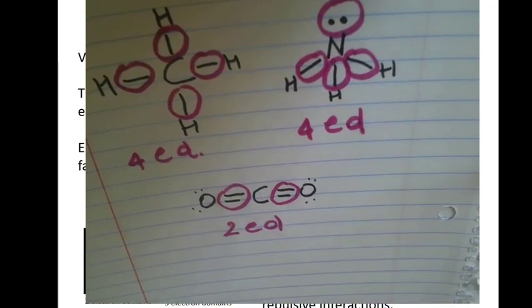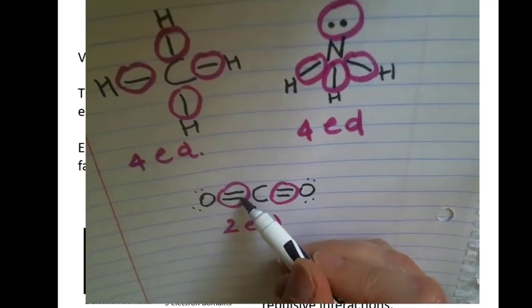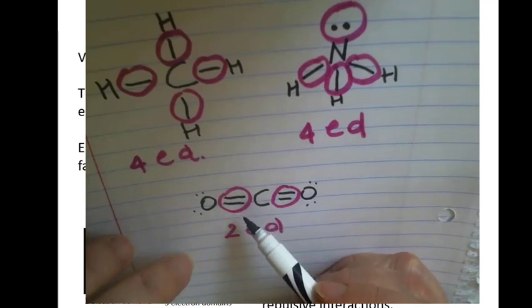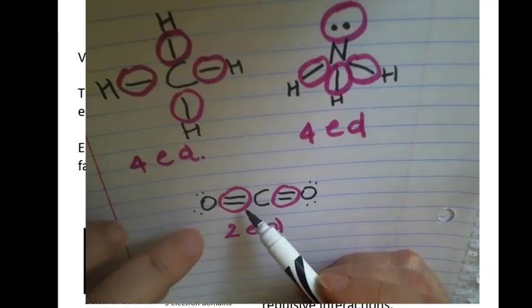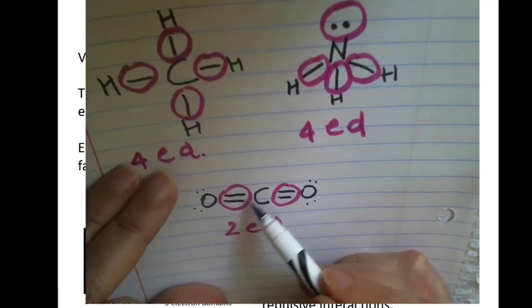Why not four? Because even if there were two bonds, these four electrons that constitute the two bonds, remember two electrons per one bond, are all in the same region.